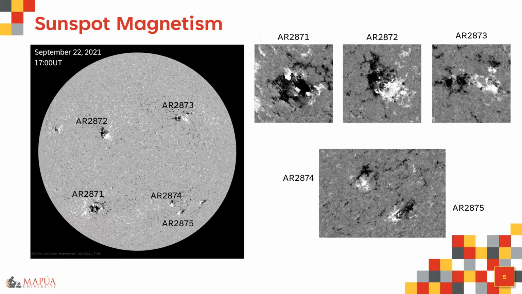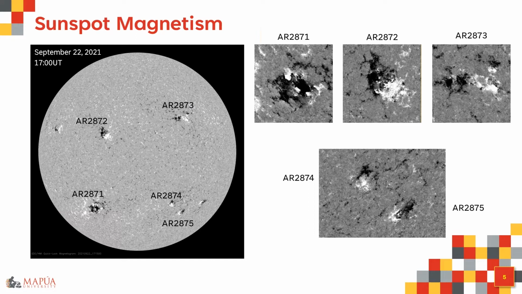From the magnetogram, we can describe the magnetic classification of each active region: alpha, beta, gamma, and delta. You have some assignments about that.